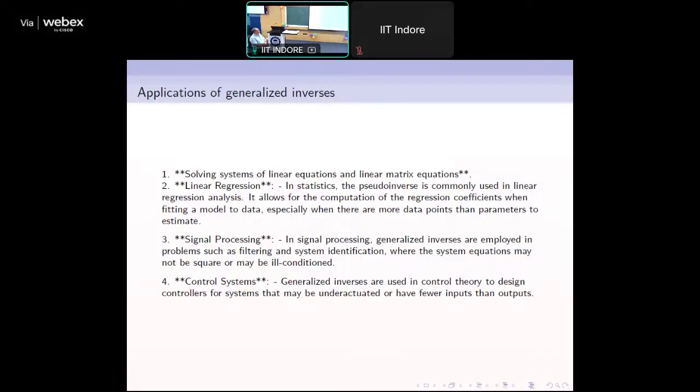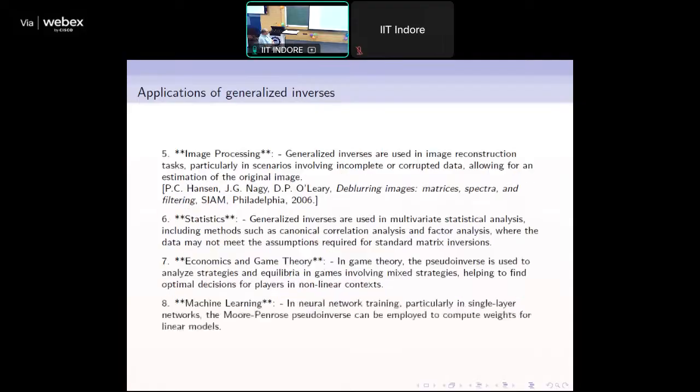Applications in linear regression, in statistics, signal processing, control systems, image processing.